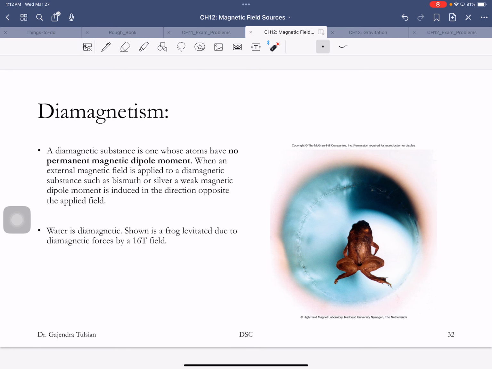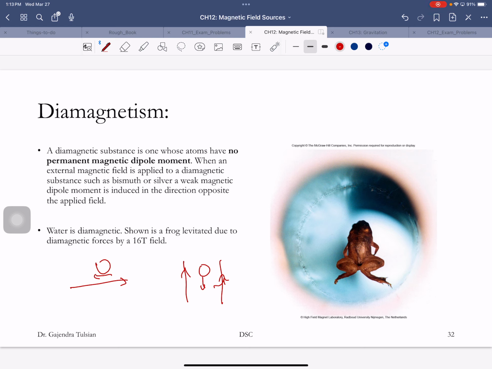Water happens to be diamagnetic. So if you put a water molecule in a magnetic field, its magnetic moment will be in the opposite direction of the magnet. And so if you have a strong magnetic field, you can make a water droplet float.